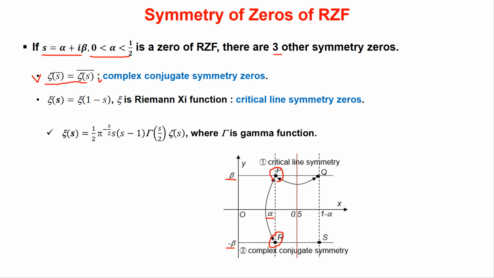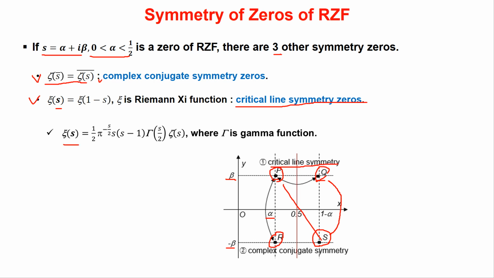And this relationship shows the critical line symmetry zeros. If s is 0, let's suppose s is P, and this point 1 minus s is also 0. And because s is 0, by the complex conjugate zero property, Q is also 0. So if P is 0, Q is also 0, which we call critical line symmetry.